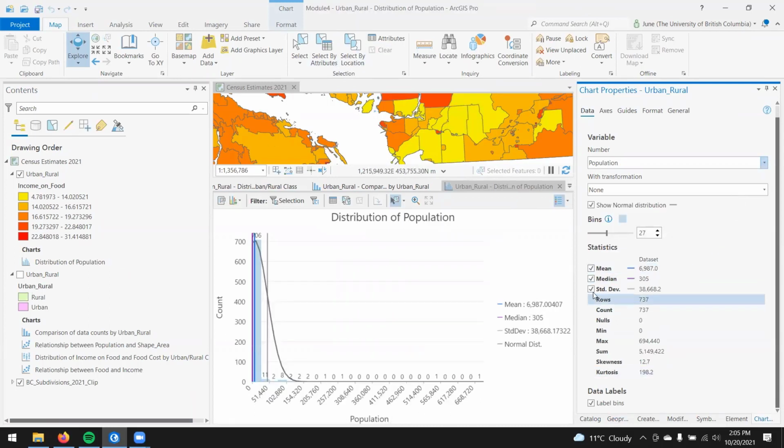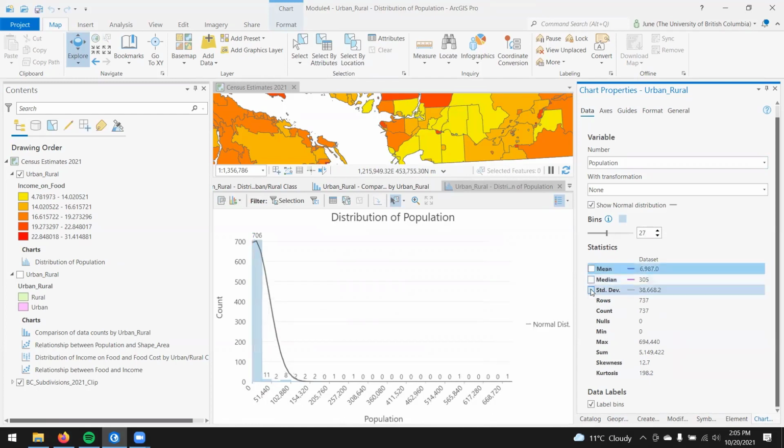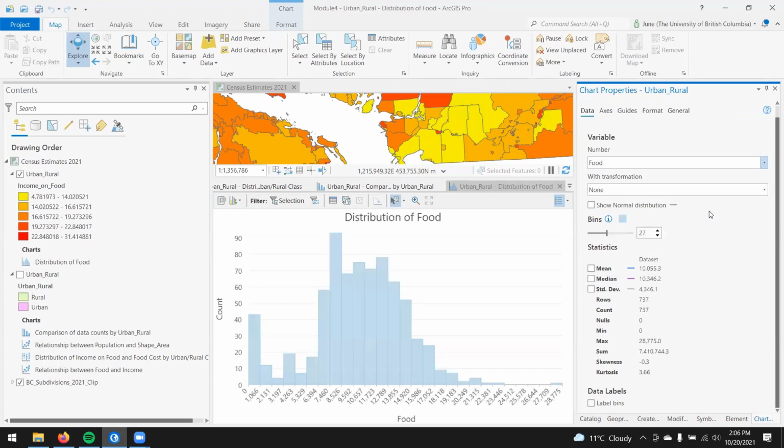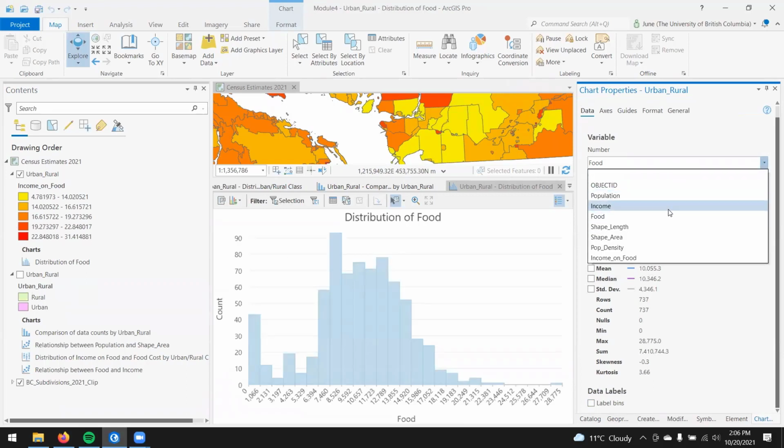You can tell it to display different things on here if you want, or you can just have it as its own. But you see the distribution of population, for instance, looks a lot different than the distribution of food costs or income.